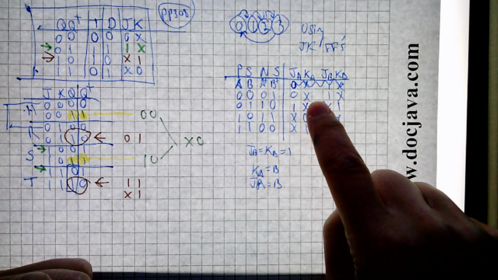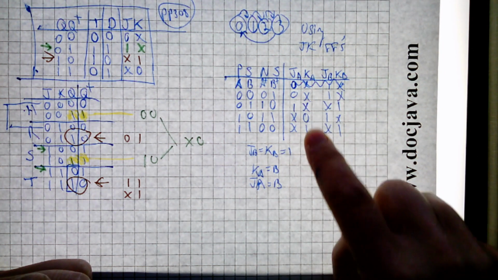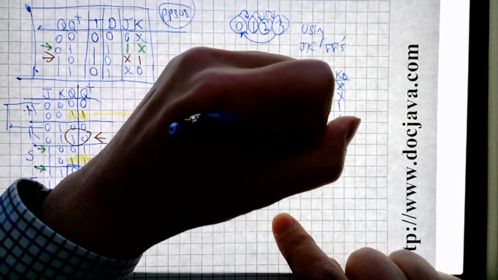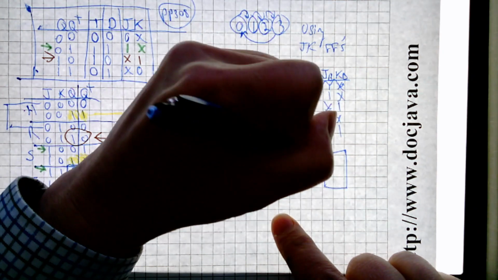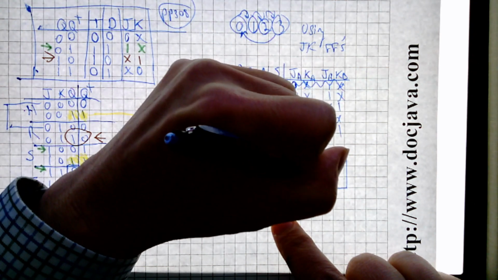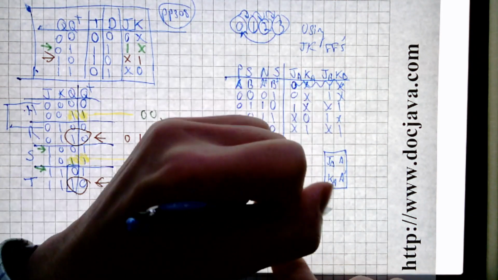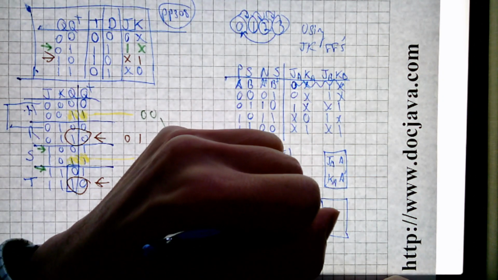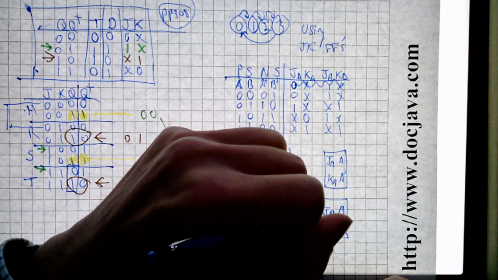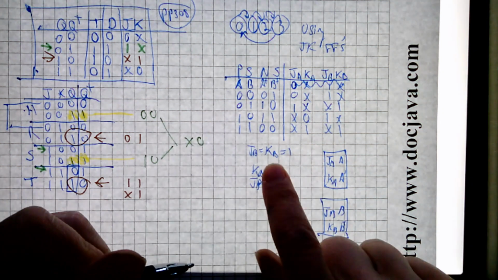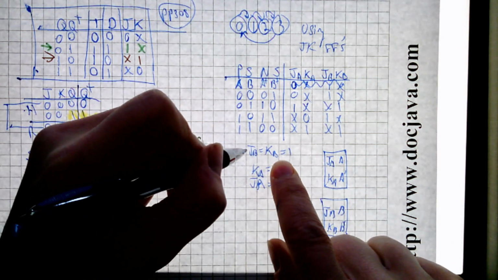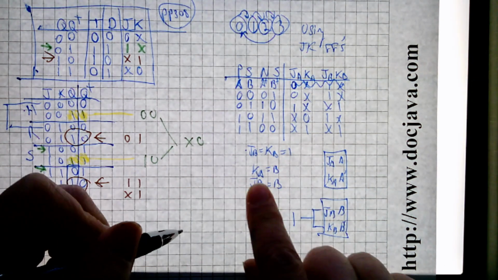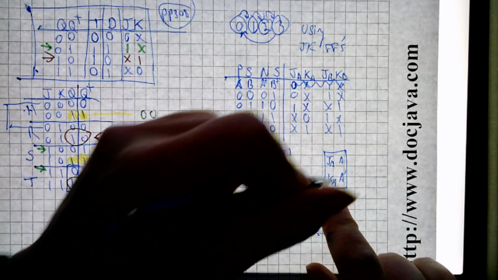And here, if it's B, it's going to be 0, 1, we don't care, and then 0, 1, which looks fine. So now, to build this little counter, J sub B equals K sub B equals 1. K sub A equals J sub A equals B.